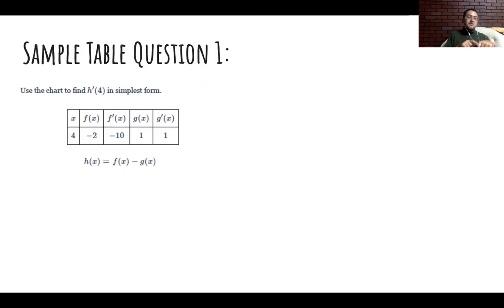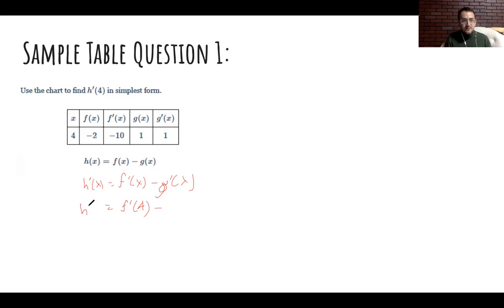All right, let's take a look at an example. This says find h prime of x, or h prime of 4, in simplest form. What I would first do is write this as h prime of x equals f prime of x minus g prime of x.